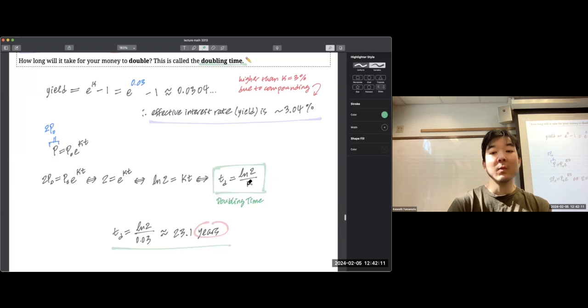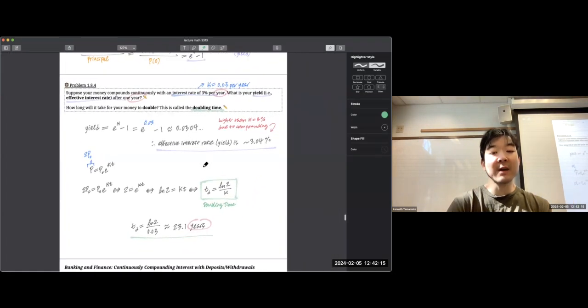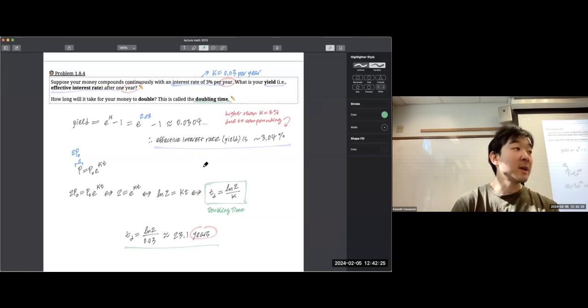Doubling time here was also ln of 2 over k. The reason is that with exponential growth, the time for it to actually double, versus exponential decay, the time for it to be half, is just dependent on the rate k.